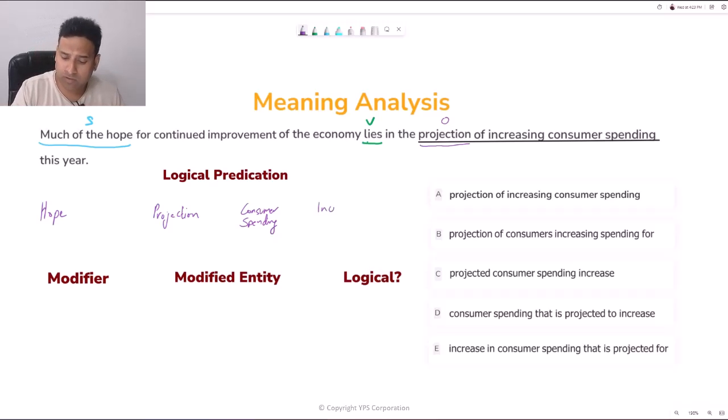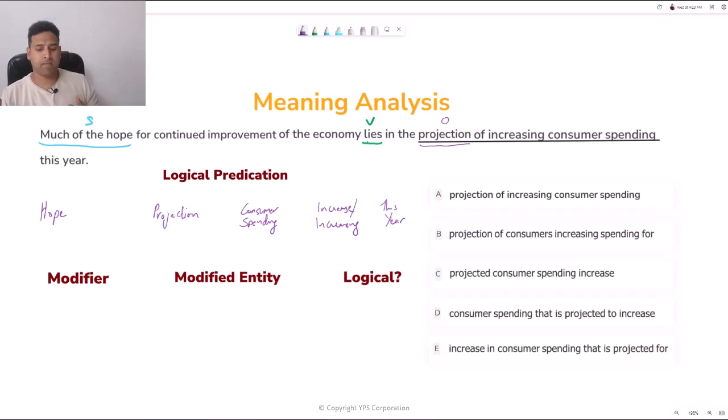So can we also consider increase, which is derived from increasing, as a contender? And then last but not least, we also have this year. So the question at hand is, which of these four is the logical predication of hope?